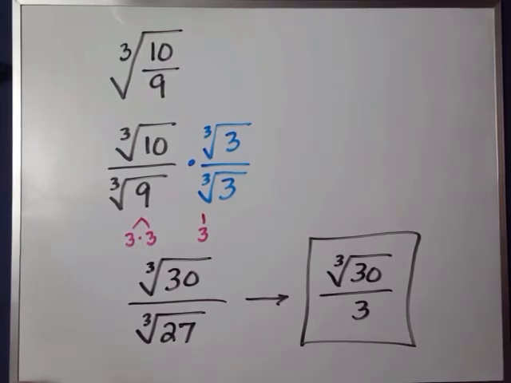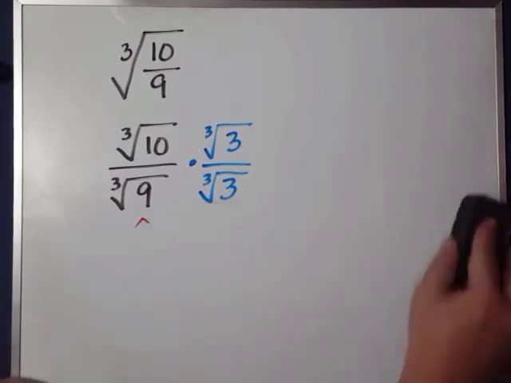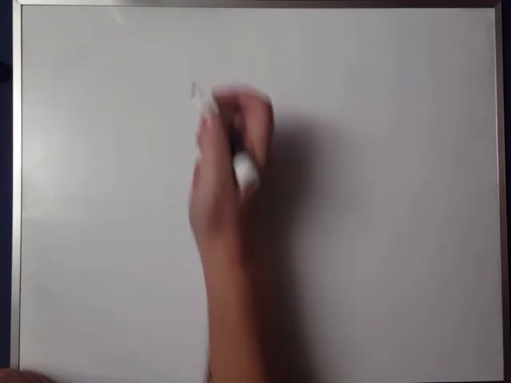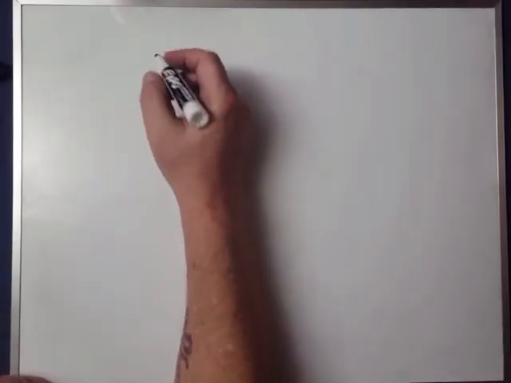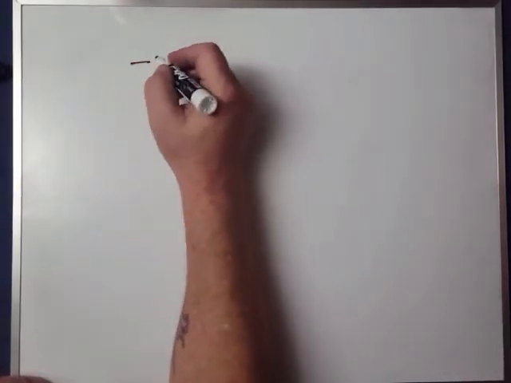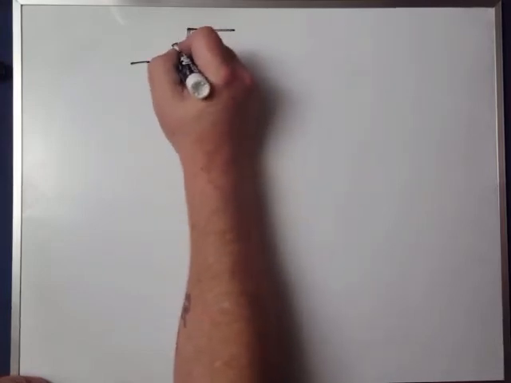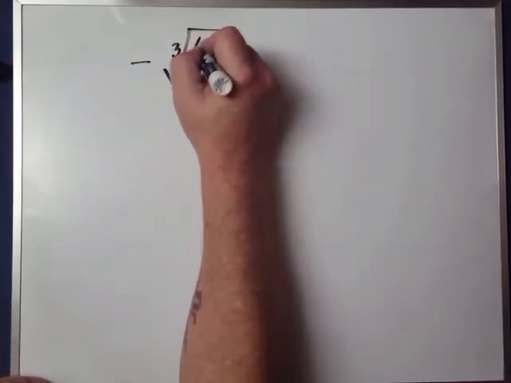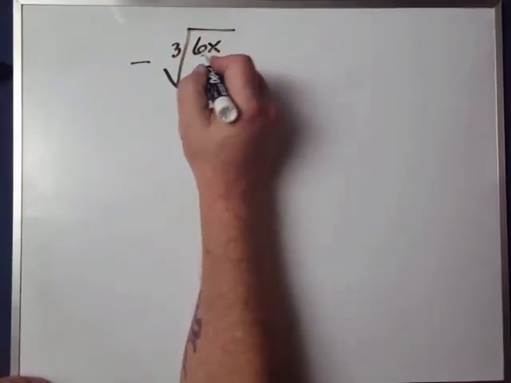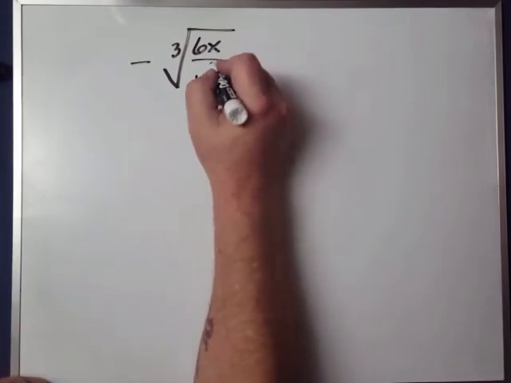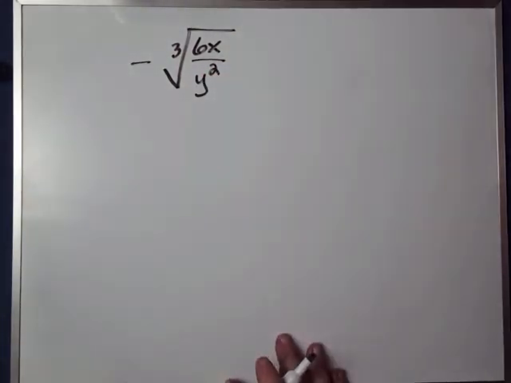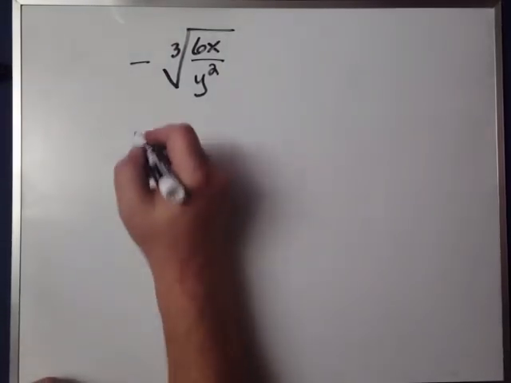Number 76. We've got a floating negative that's going to tag along. We have a fraction under a radical.